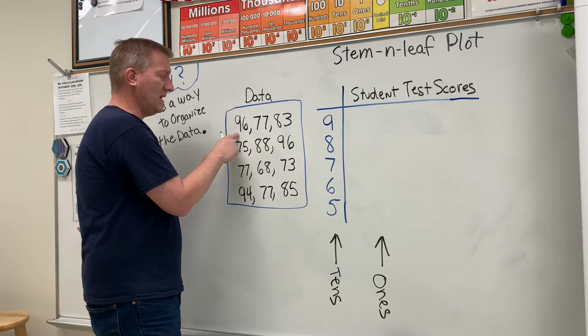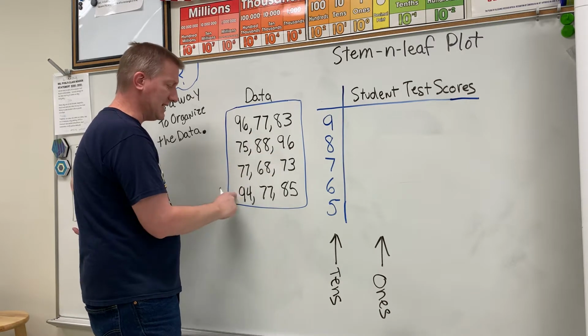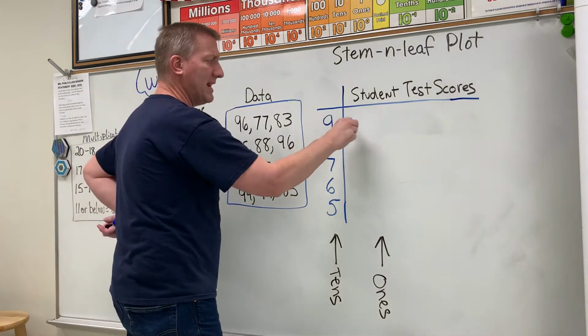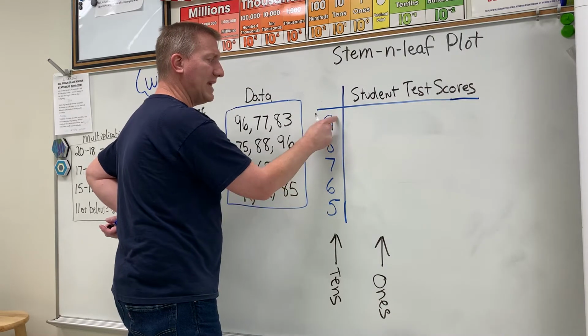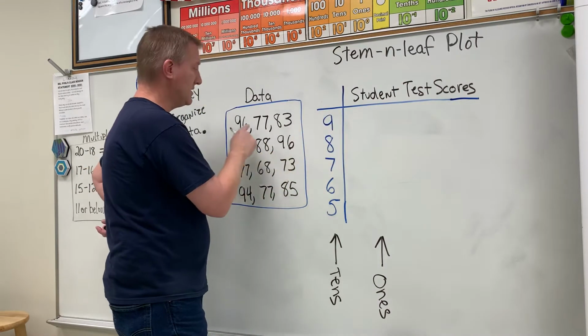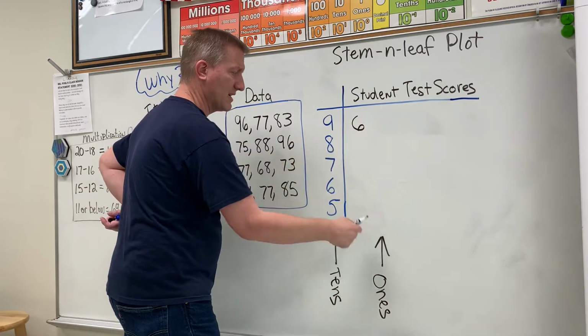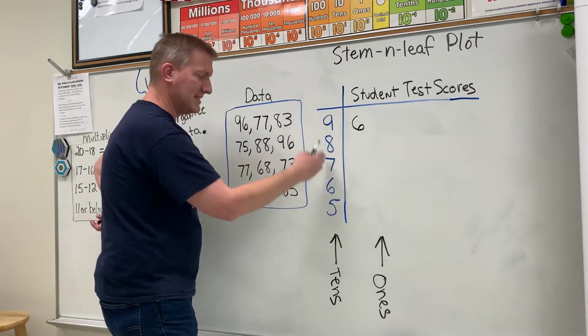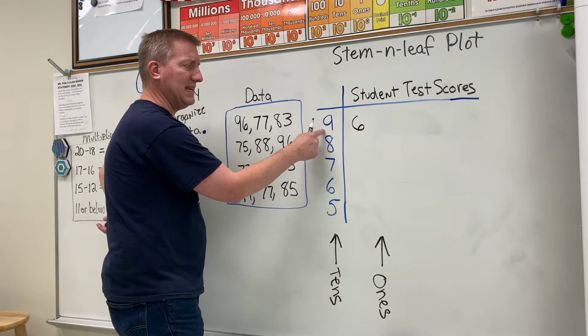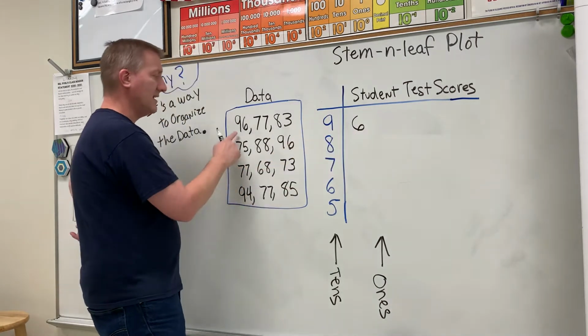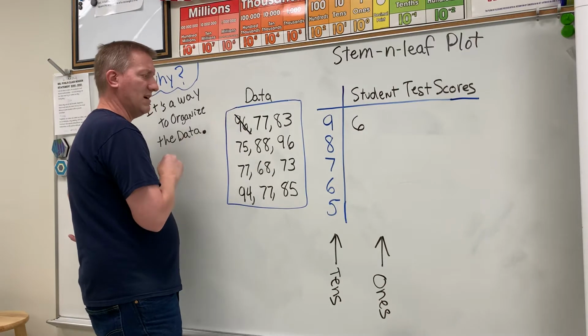When I have 96, I don't write 96 in here because I already have the 90 here. All I'm going to write is the 6 over here because that's the ones. This is the tens. I already have my 90 here, so 96. Then I cross that one out.